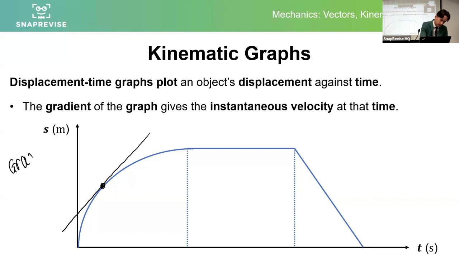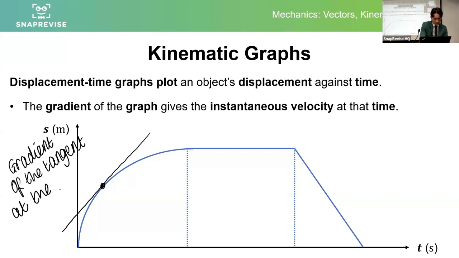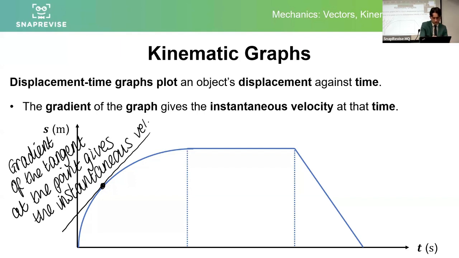So the gradient of the tangent at the point gives the instantaneous velocity.